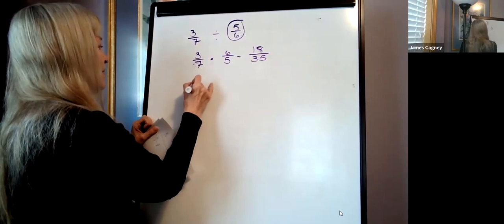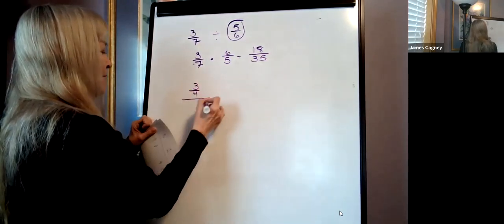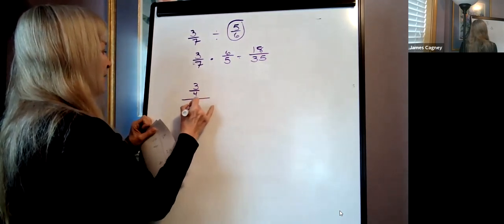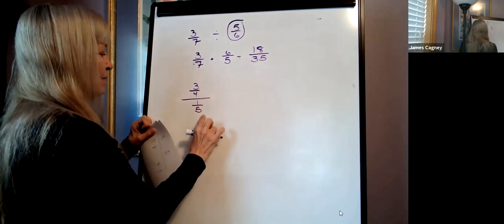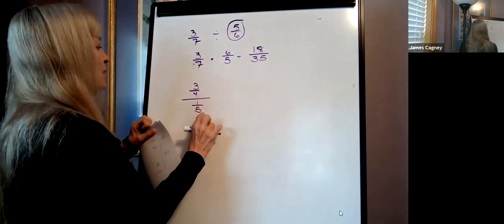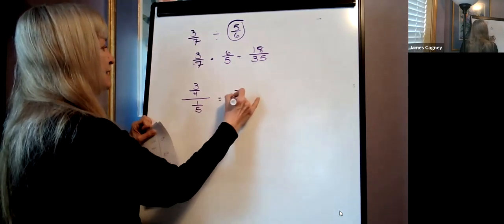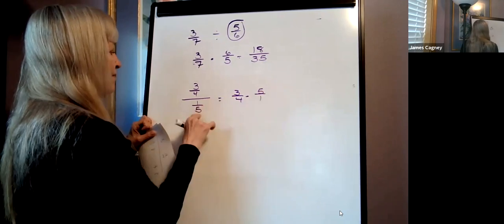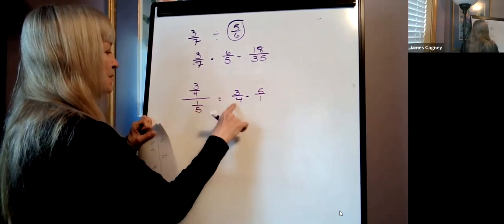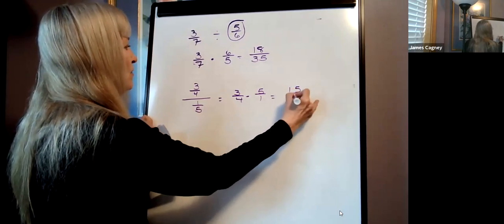Usually when I think about fractions and I think about dividing, I'm more used to seeing them written this way. So here we have 3/4 divided by 1/5. If they're written as a fraction divided by a fraction, it is the bottom fraction that you flip. So I'm flipping the denominator, so this becomes 3/4 times 5/1, which is 15/4.